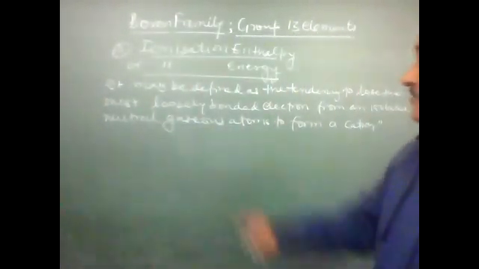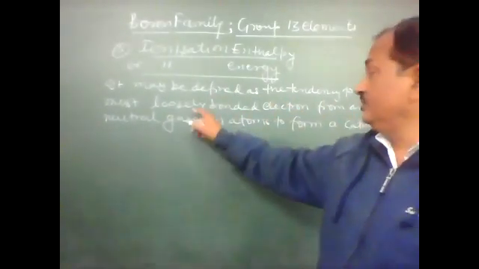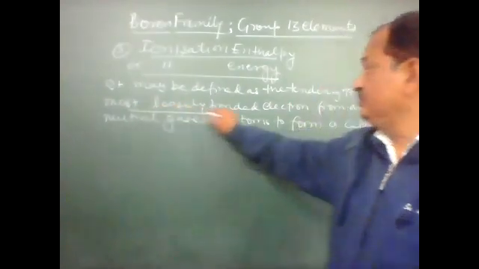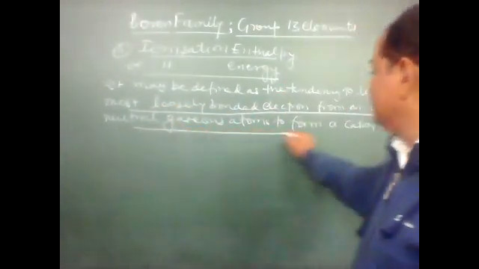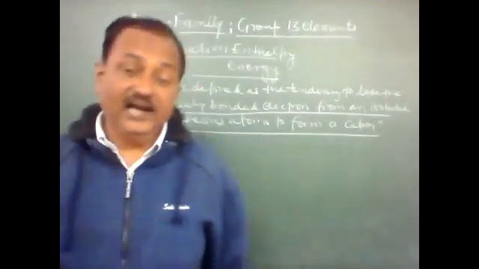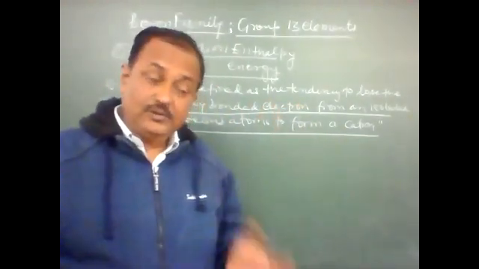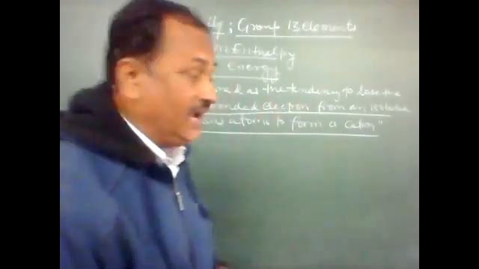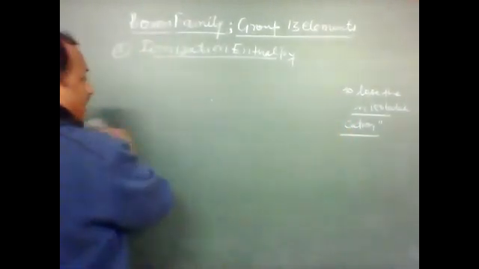Once again, I am repeating. It may be defined as the tendency to lose the most loosely bonded electron from an isolated neutral gaseous atom to form a cation. It is called ionization energy. So, as the name indicates, ionization, the atom has to be ionized to form the cation.